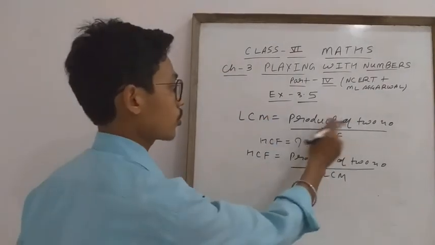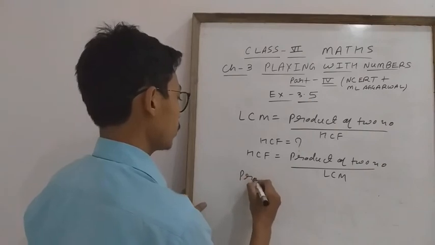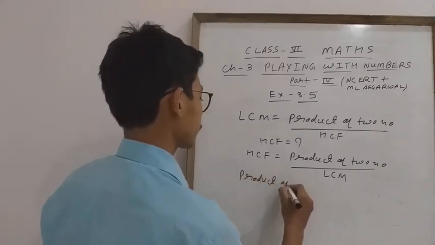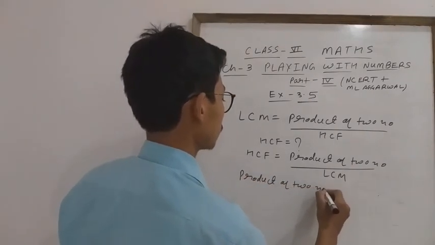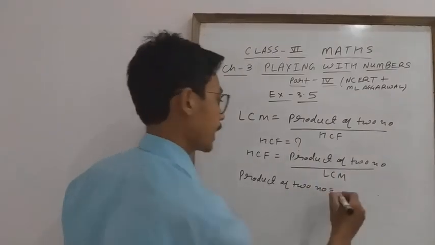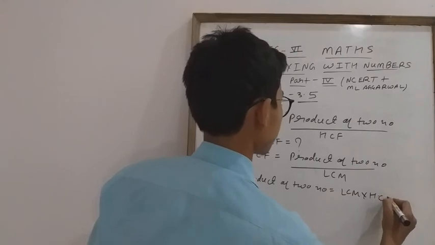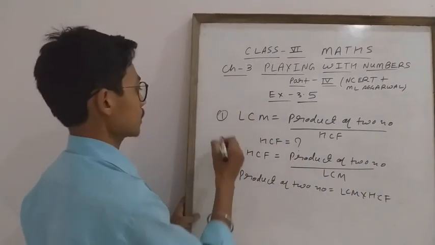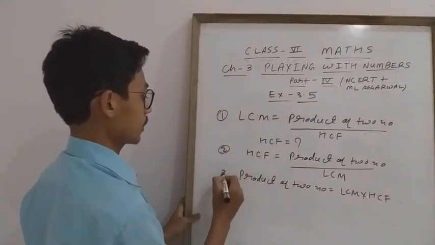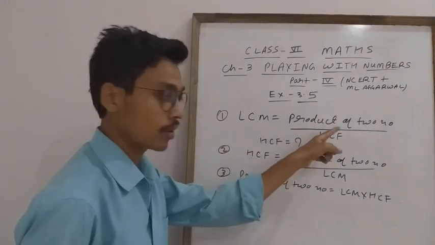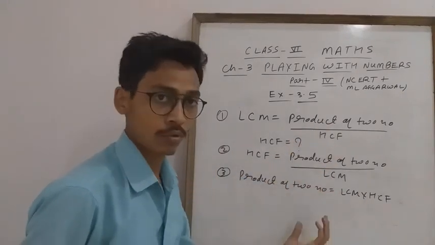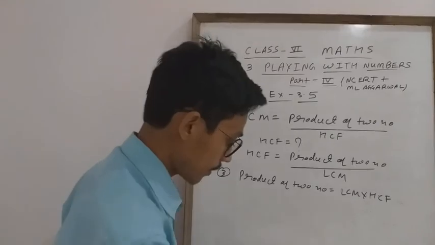If you have to find the product of two numbers, you will write the product equals LCM times HCF. So this is first, this is second, this is third. With one formula you can use these two other formulas also. Clear, everyone? One example I am going to take.